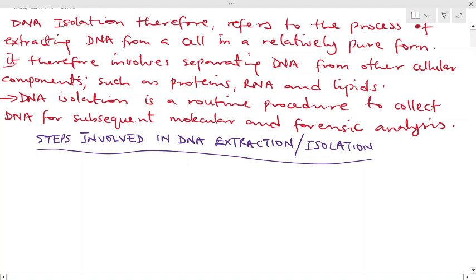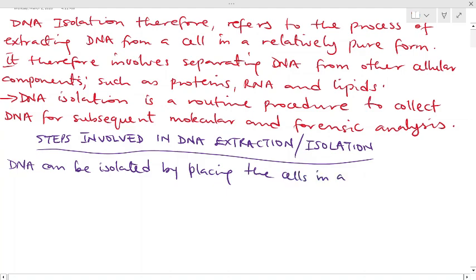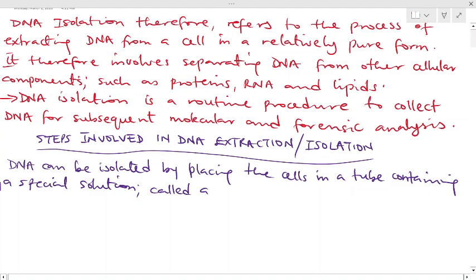In looking at the steps, we say that the DNA can be isolated by placing the cells in a tube containing a special solution, and that solution is called a cocktail, and mechanically or chemically breaking them up.